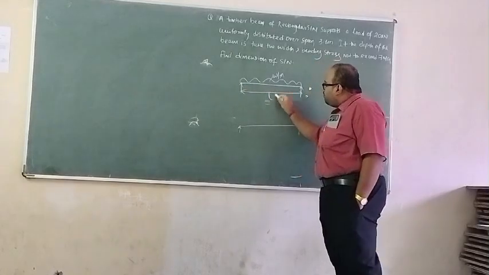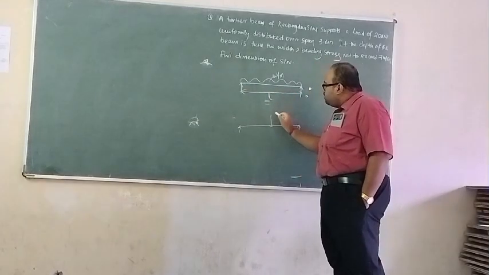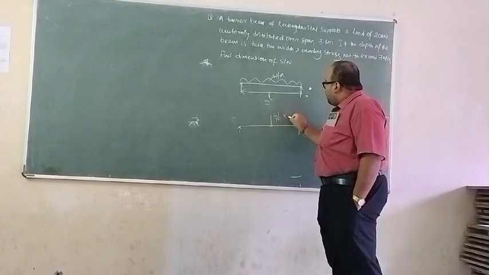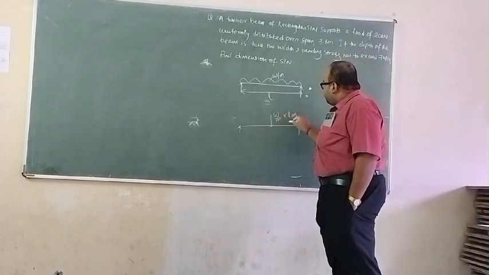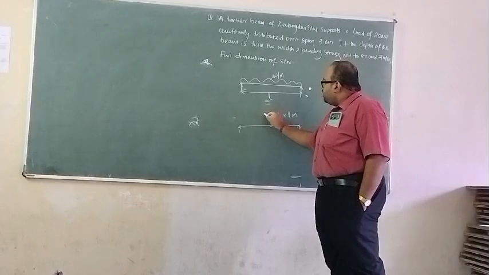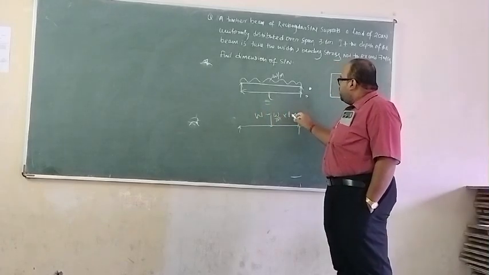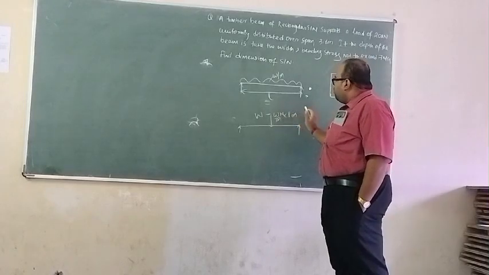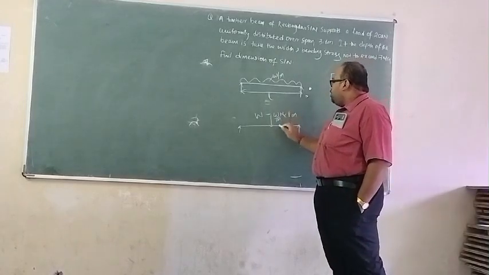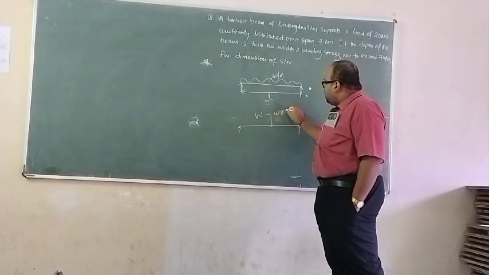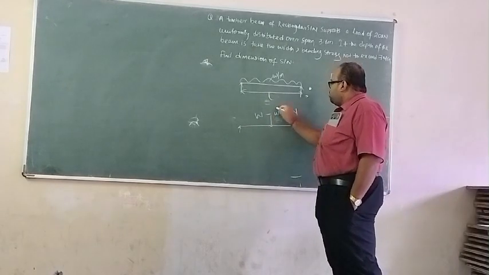Okay, so I can replace this diagram with this diagram. W per meter multiplied by L meter. So meter cancels here. So I can write capital W equals W L. Here Newton means W L Newton.